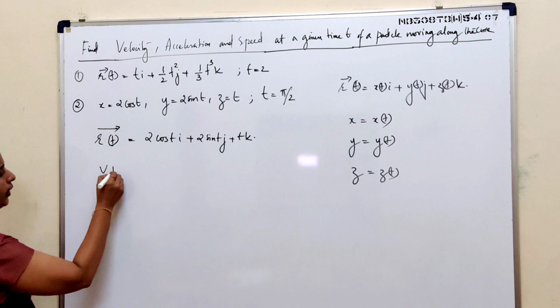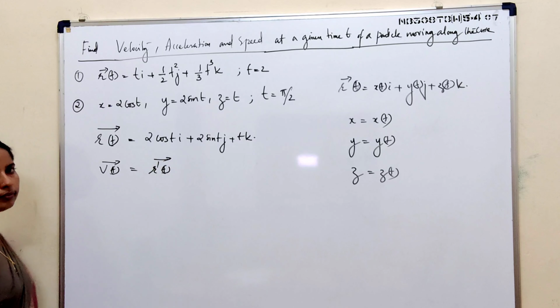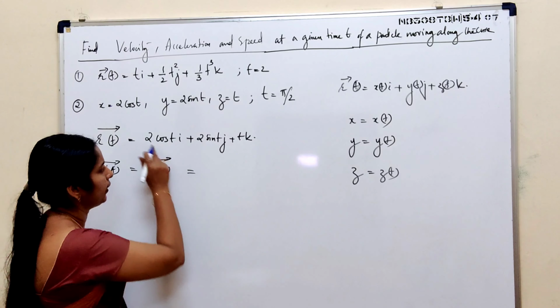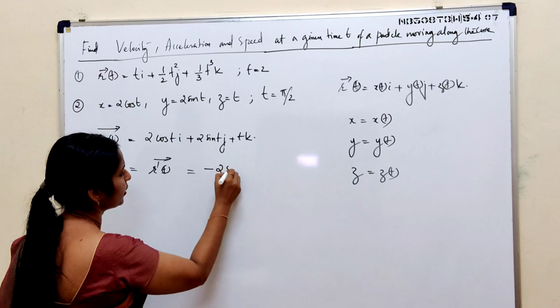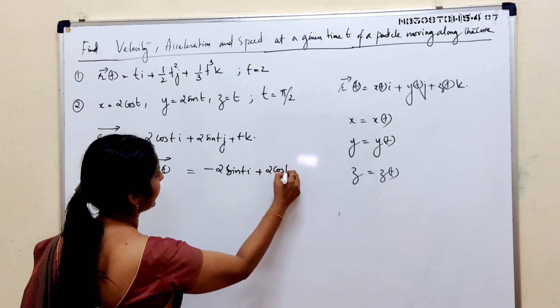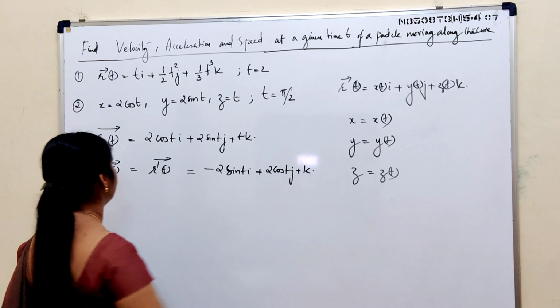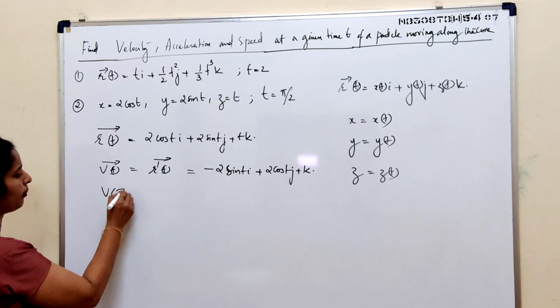So what is velocity? Velocity is r'(t). You differentiate this with respect to t. Its derivative is minus 2 sin t i plus 2 cos t j plus k. This is velocity. We have to find velocity at π/2.